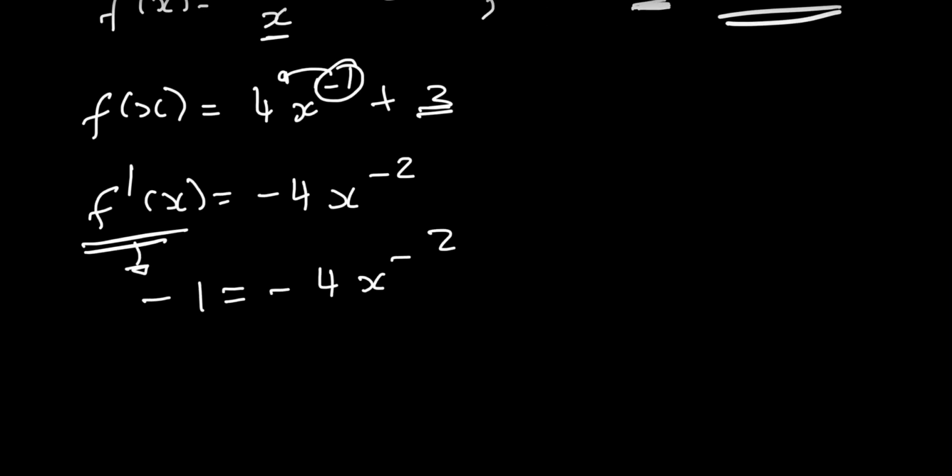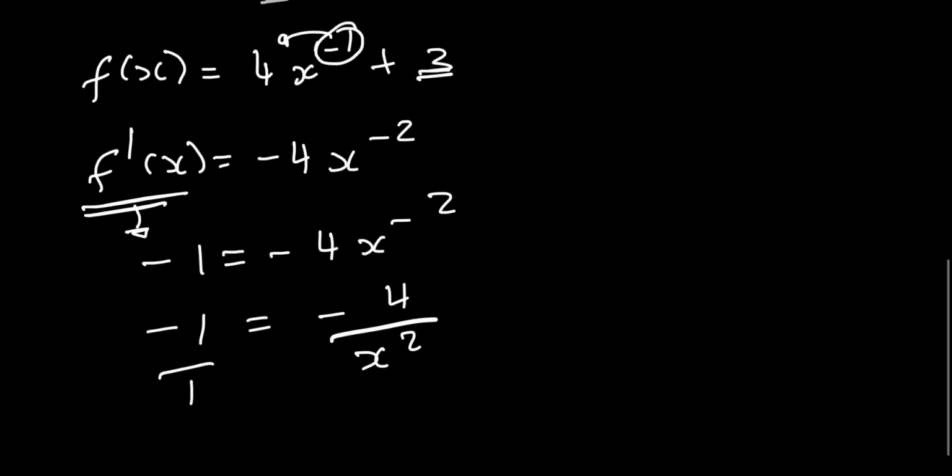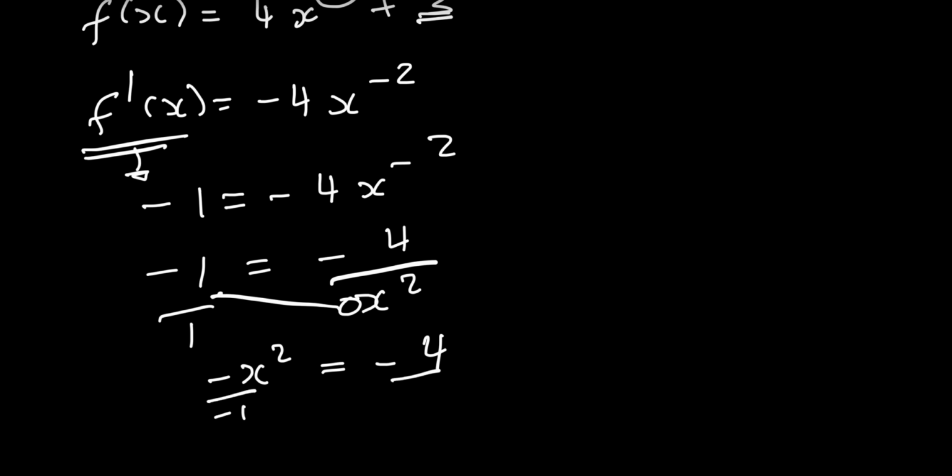We can simplify this to -4 over x squared, if we write it as a positive exponent. From here, we can just cross multiply. x squared will multiply with the -1, that's going to be -x squared. 1 will multiply with the -4, that is going to be -4. If we divide both sides by -1, x squared is equal to 4.